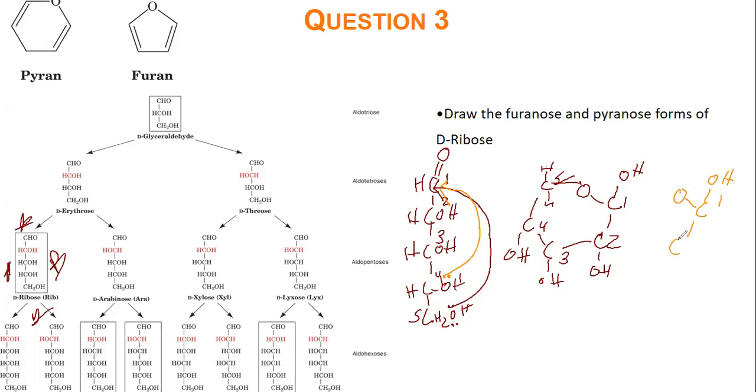Then 2, 3, 4, that's what did my attack, so that's in the ring. Then you have a CH2OH hanging out, and then it would be down, down. Those of you who remember your DNA RNA structures, what I drew should look kind of familiar to you, right? I just drew the sugar of RNA, ribose, in the 5-membered ring form.